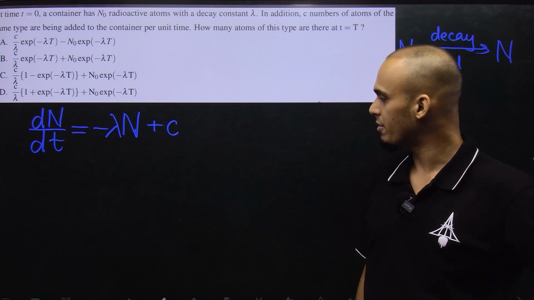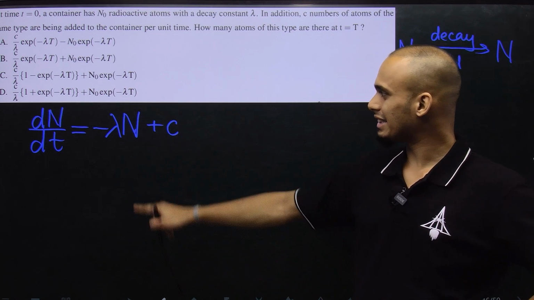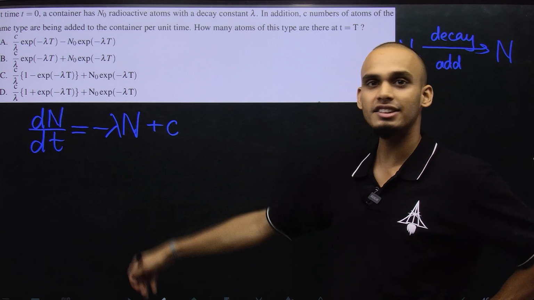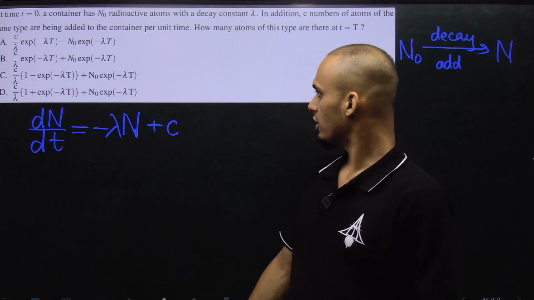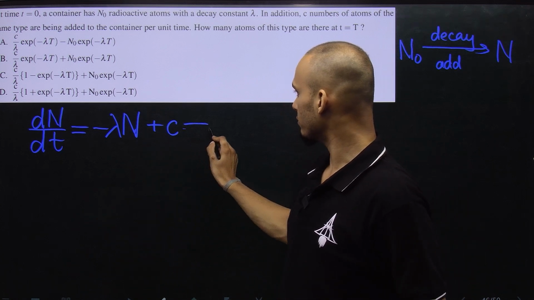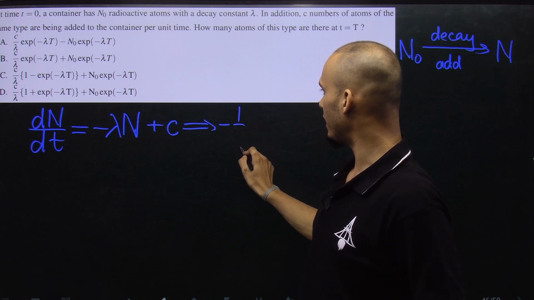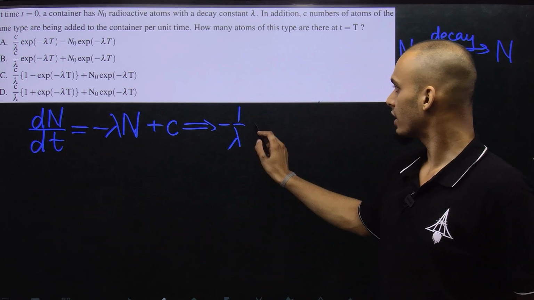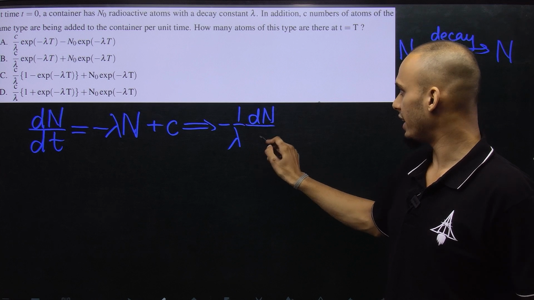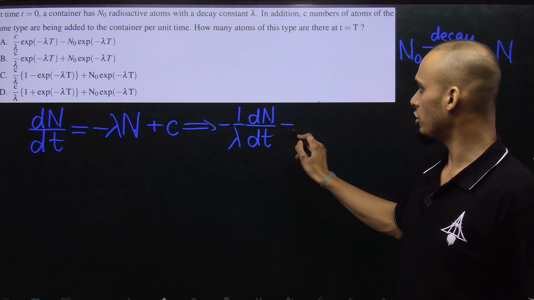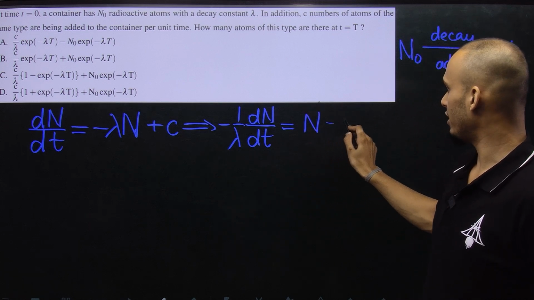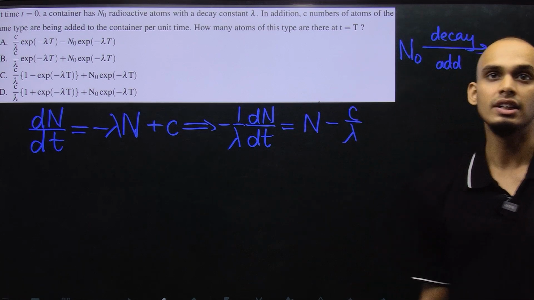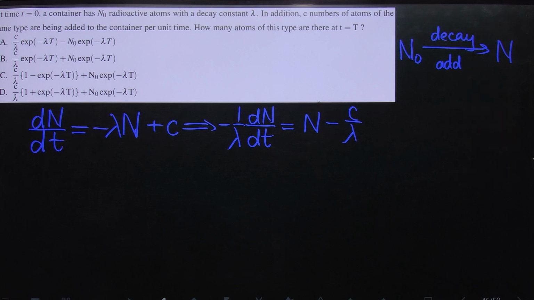Now, let us conveniently write N without any coefficient, so we can take minus of 1 upon lambda on the other side. dN by dt should be equal to N minus C by lambda, sorry. This is how we will get our differential equation.